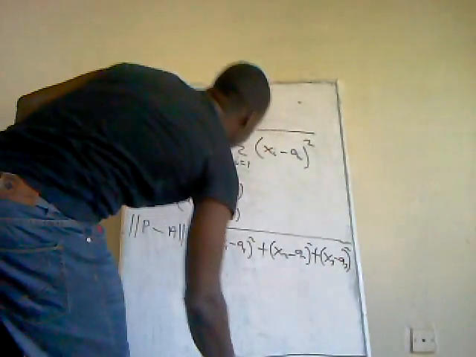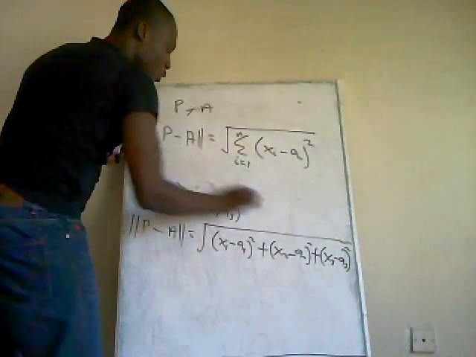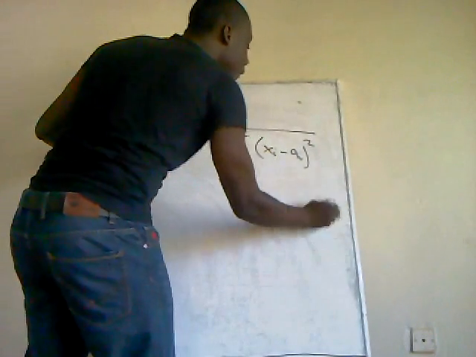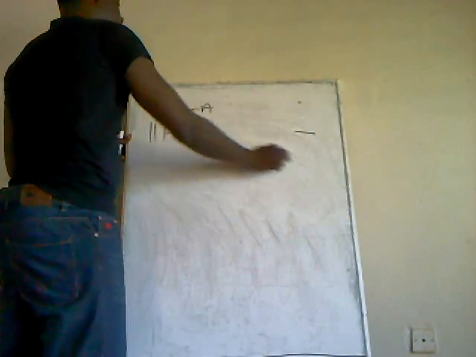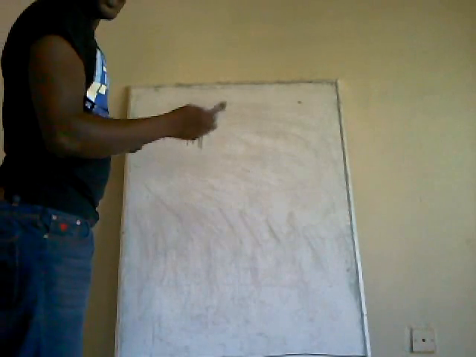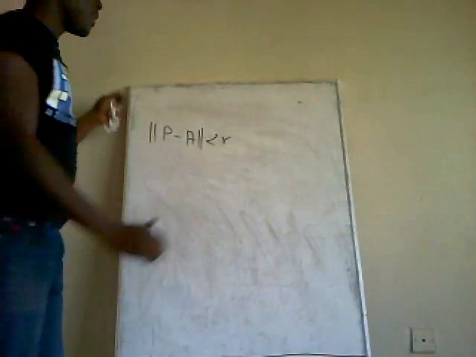Okay, now we define: if the distance between P and A is less than R, we call this an open ball.